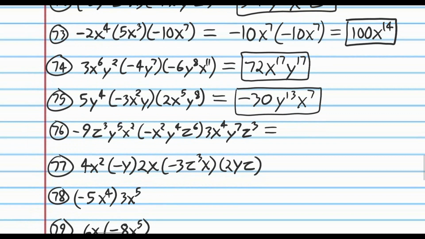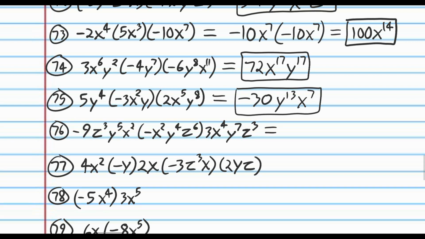And we have -9 times, now this is an interesting problem here. This is something different, because we have a little negative sign there, but there's no number next to it. Again, that's accepted to be -1. So you have -9 times -1. So 9 times 1 is just 9.